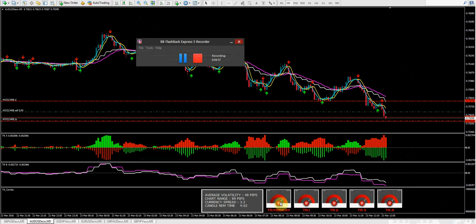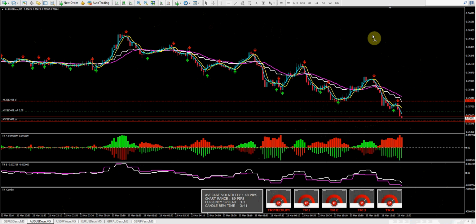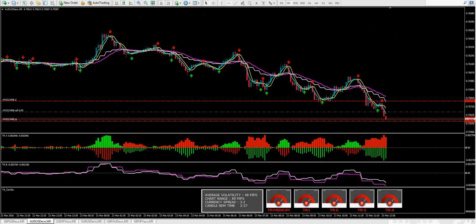As you guys can see here, we still have all twos, all red, still below zero. Nice big red bars. Everything is telling us that the market should continue to push down. And as usual, it's going to have to go through it by a few pips in order for it to actually take it out.